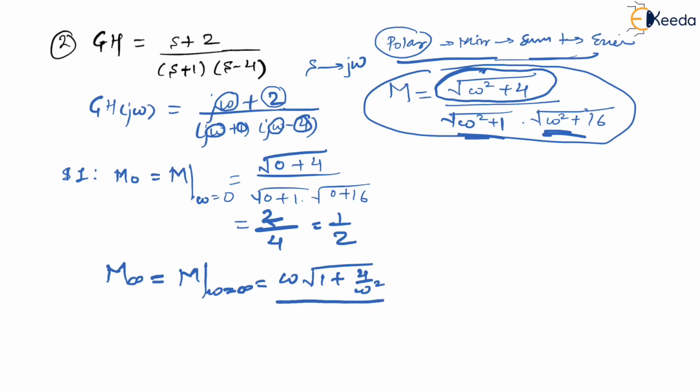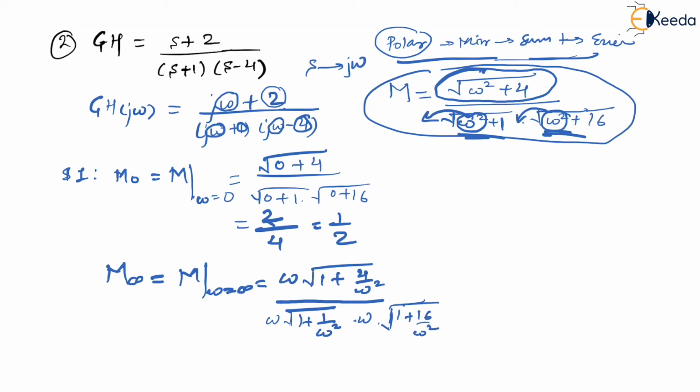Again, if I divide this, then omega square comes out from here, and omega square coming out of the square root will become omega. So I will have omega into under root of 1 plus 1 by omega squared, right? Into, I will again have omega into under root of 1 plus 16 by omega squared.